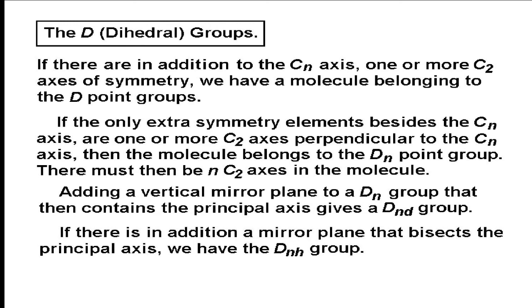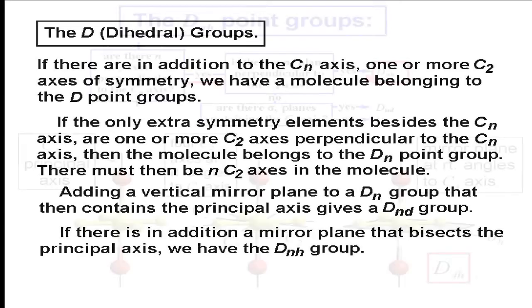There must be n C2 axes perpendicular to the main principal axis. Adding a vertical mirror plane to the Dn group, it takes the point group Dnd. And in addition to that, if the molecule possesses sigma h, that is a horizontal plane, then the point group assigned to the molecule is Dnh.